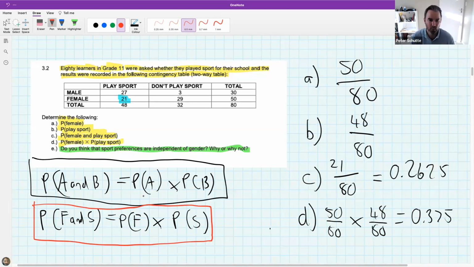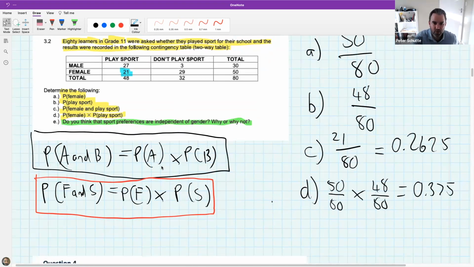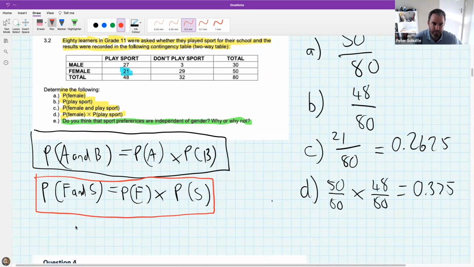Okay, I will repeat. Here's where it gets a bit more exciting: it doesn't have to be female. The reason I'm choosing this is that we've already done the work for it, but if you wanted to check, you could also say, what is the probability of being male?